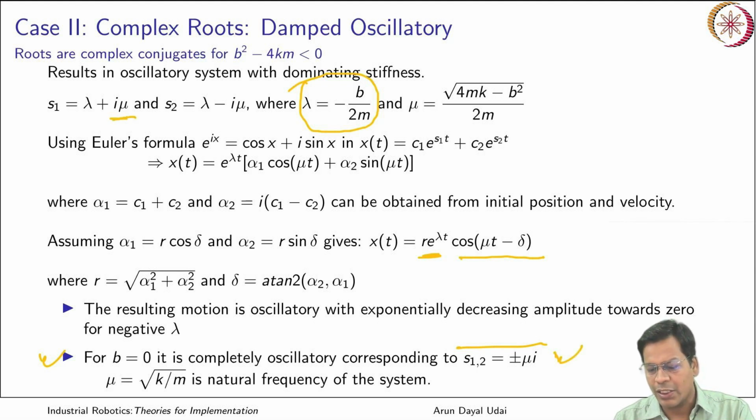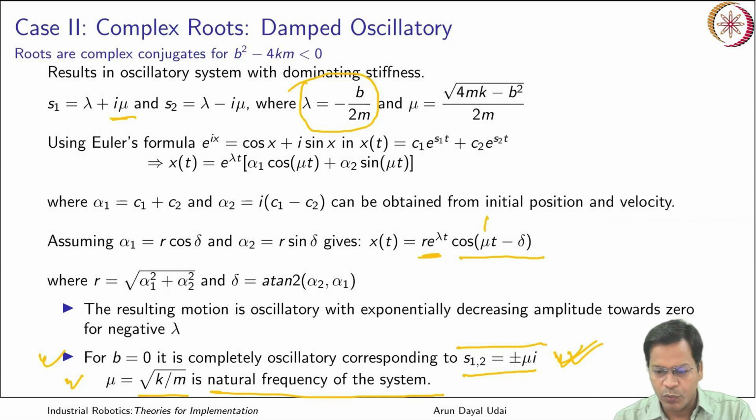It is pure complex numbers, it doesn't have any real value, so it is imaginary. Both the roots are imaginary and they are conjugates, lying exactly on the imaginary axis, and you have mu, which is given by square root of k by m, the natural frequency of the system.